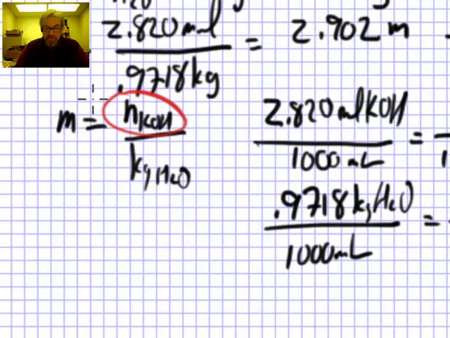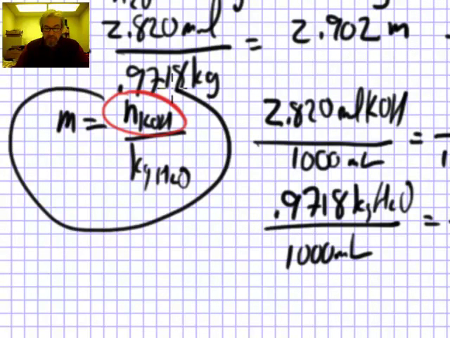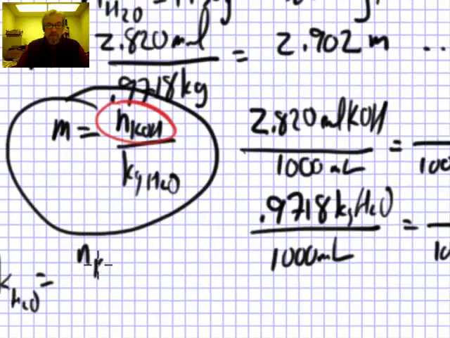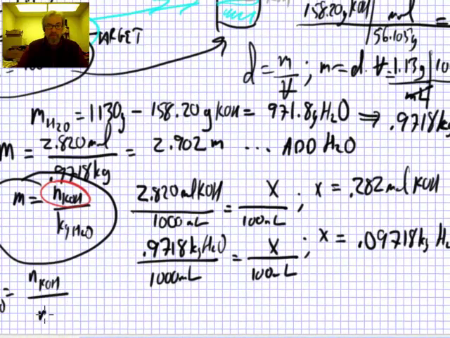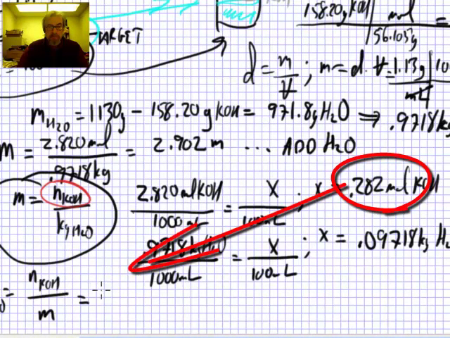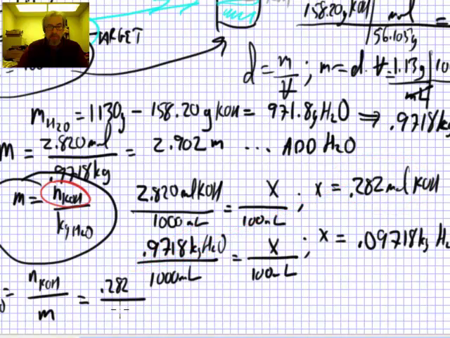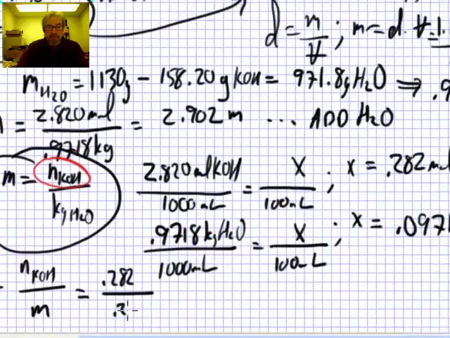Well, working with our definition of molality again and solving for kilograms of water is going to be equal to the number of moles of KOH divided by the molality. So that's 0.282 moles divided by our target molality of 0.250 molal.